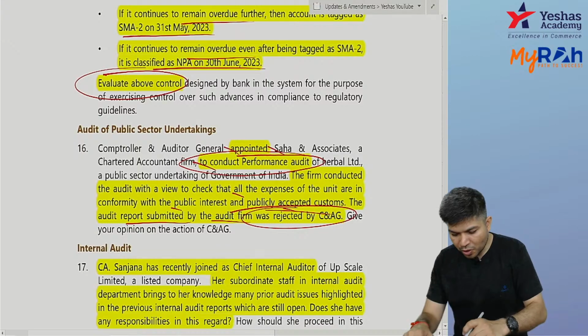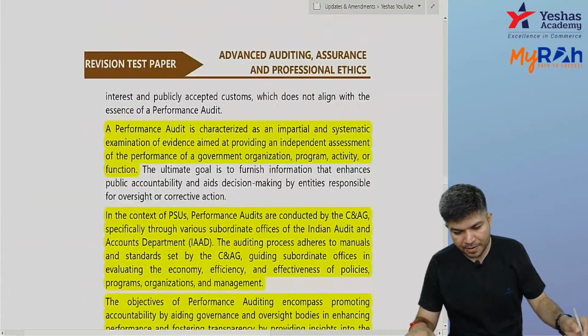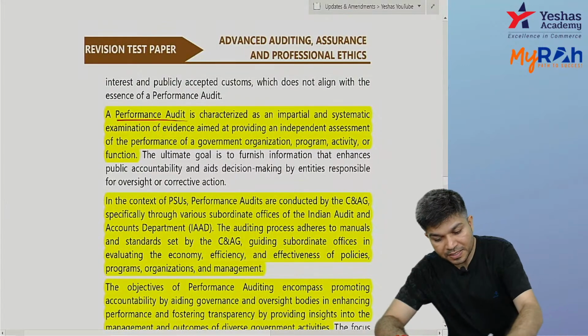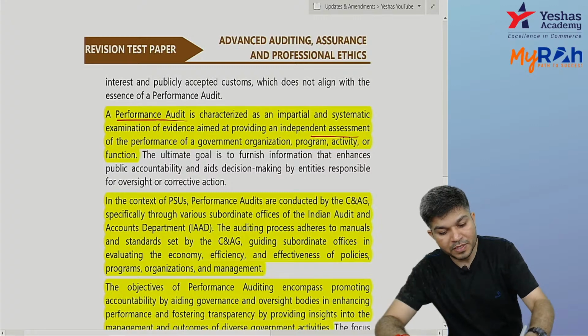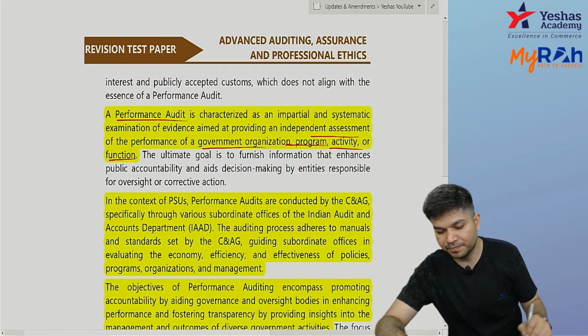They will reject it, you did not do it properly. Now they would have explained the performance audit. What is a performance audit? It's an independent assessment of the performance of a government organization, program, activity or function.